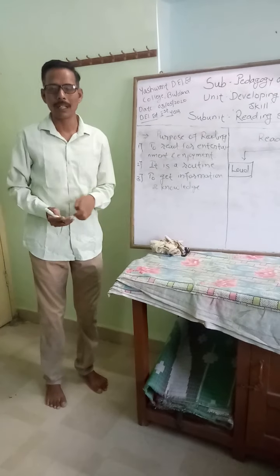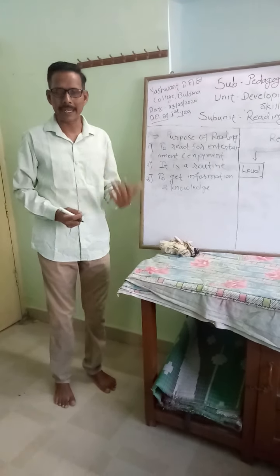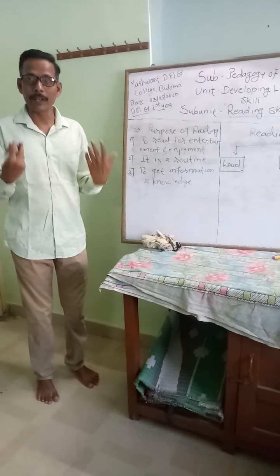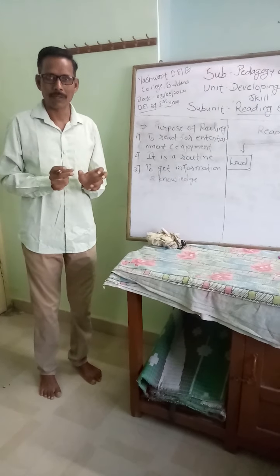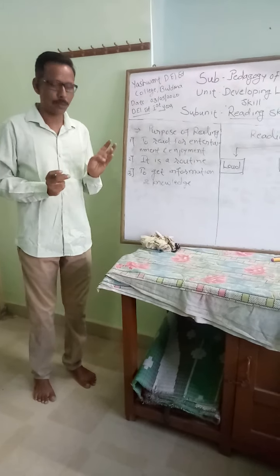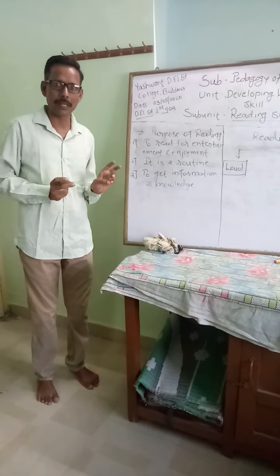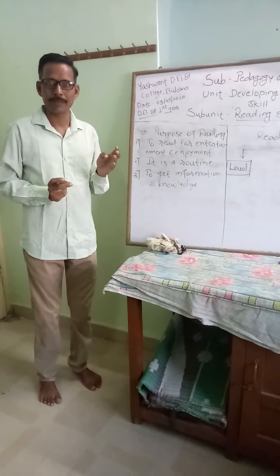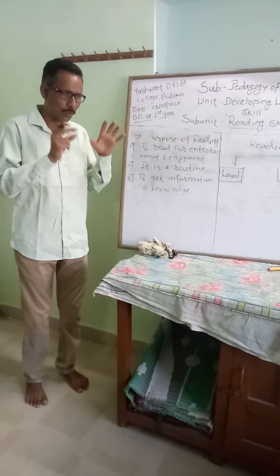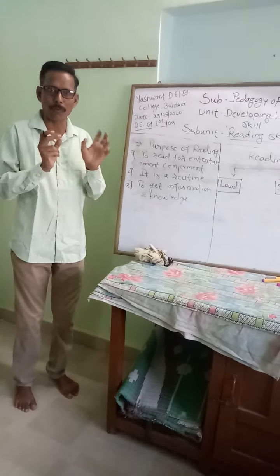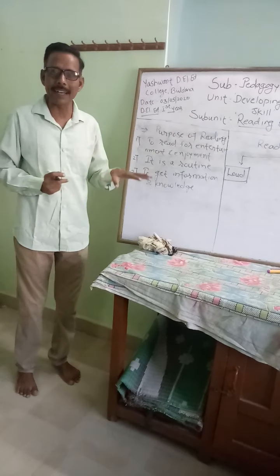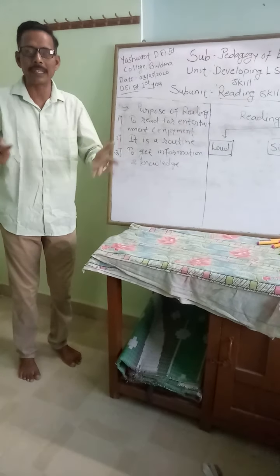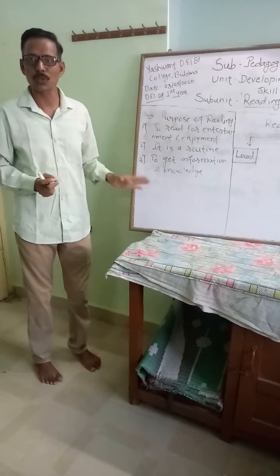By reading books, newspapers, and periodicals, students get new knowledge and new information from different sectors like sports, economy, politics, and entertainment, like movies. From these different sectors students get information and knowledge, and that is useful for students to develop their general knowledge also. So this is also a purpose of reading.